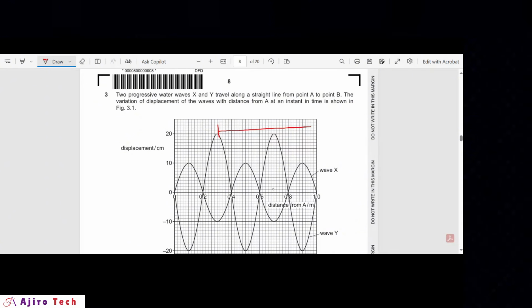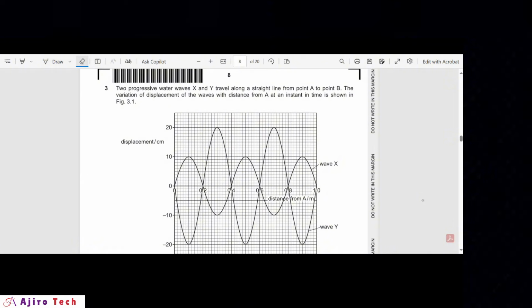If it were displacement against time, the horizontal distance would represent the period. But now we have displacement against distance, meaning that this horizontal distance gives us wavelengths between the cycles.